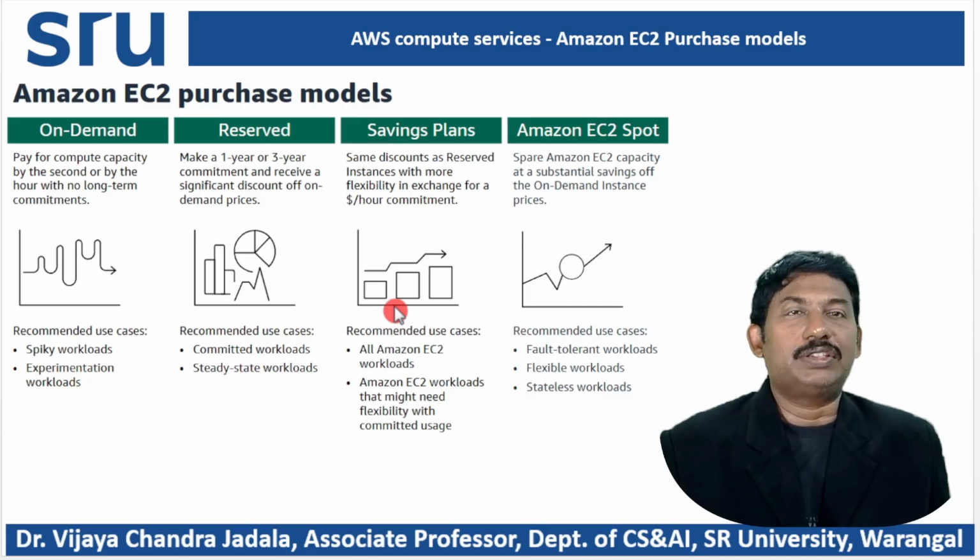And then comes savings plans, where you will get a big amount of discounts through the savings plans, where the instances are flexible in exchange for an hourly commitment, which is recommended for Amazon EC2 workloads. This will provide flexibility for committed usage.